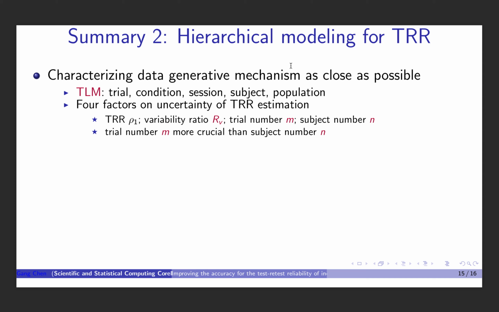With that, we build this hierarchical model. In the end, we will have a 5 level data structure. We also discussed that even with the hierarchical model structure, an important aspect is the uncertainty. We don't just obtain one value for the variability, we also need to estimate the uncertainty.